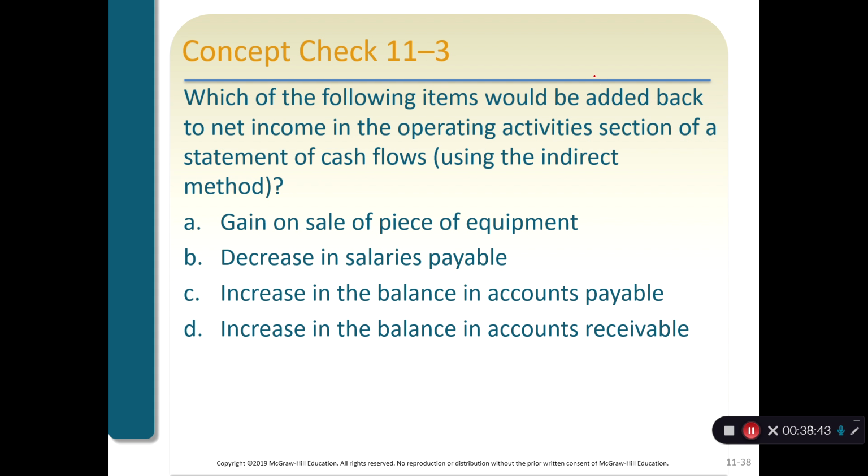Let's see, which of the following items will be added back to the net income in the operating activity section of cash flow? Okay, gain on sale of a piece of equipment. This has to be adjusted in the operating section, but we want to minus it, right? Because this gain on the sale of the piece of equipment has to be excluded from the operating activity.